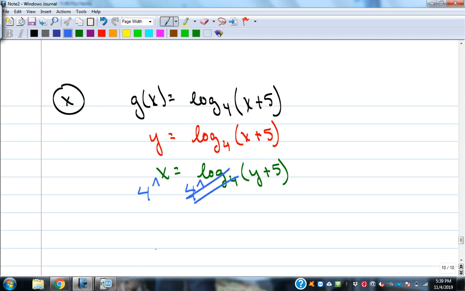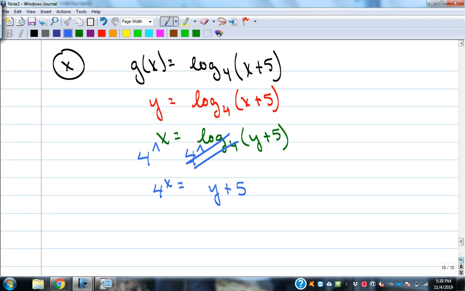That cancels out the log. Get 4 to the x is equal to y plus 5. One more step. Subtract the 5. 4 to the x minus 5 is equal to y.